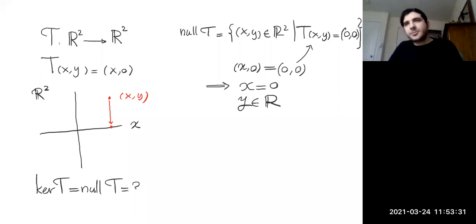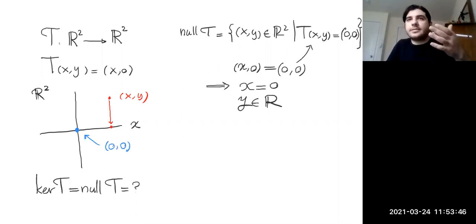And it's also kind of clear in the image we have on the left-hand side, because this is 0, right? This is the point 0 and 0. And the null space of T, or kernel of T, is the space which would project into that point 0.